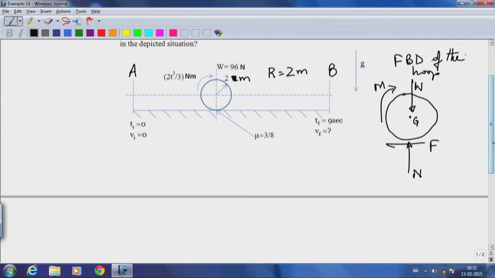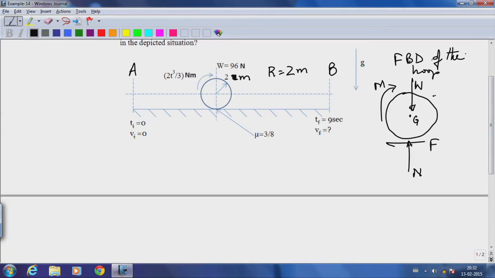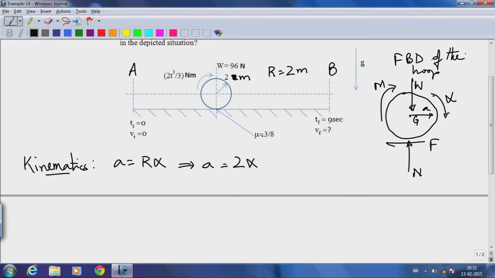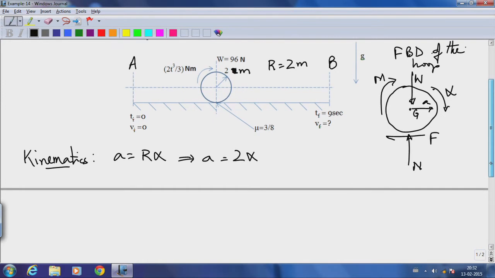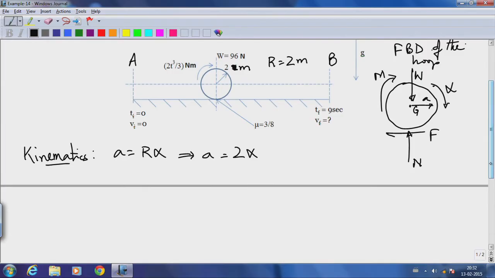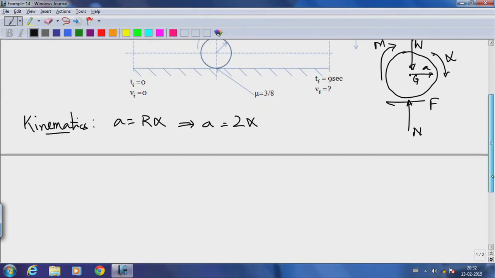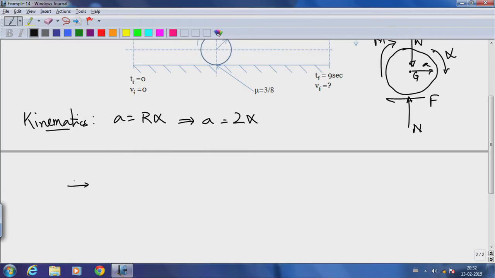So, now for the kinematics of this problem, if the angular acceleration is alpha and if the linear acceleration is A, then A equals R alpha. This is what the kinematic relationship would tell us. So, this implies A equals 2 alpha, R equals 2 meters in this particular problem. Okay, so let us take our free body diagram and apply Euler's first law.